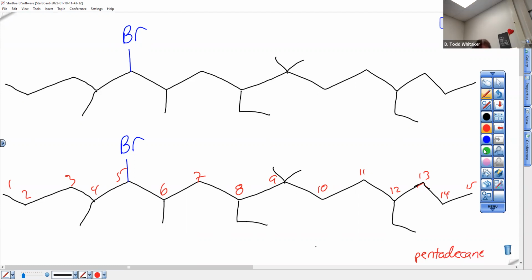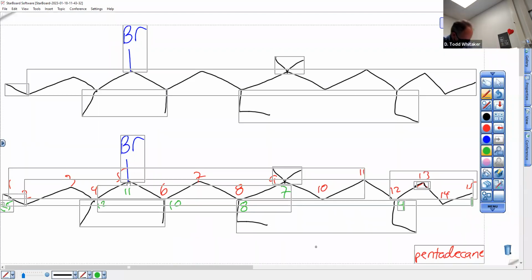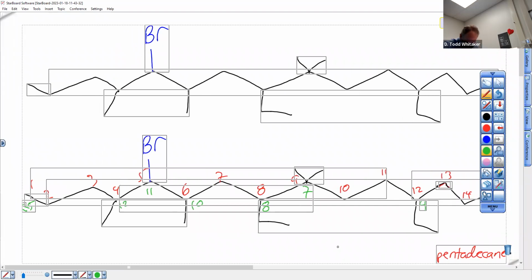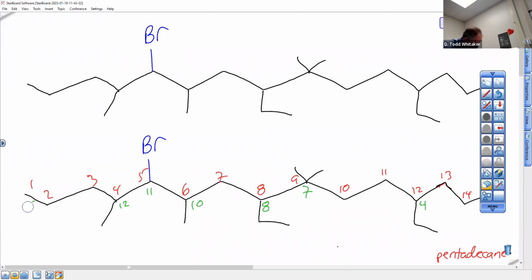But the other direction, I'll do the highlights. 1, 4, 5, 6, 7, 8, 10, 11, 12, get you to 15. Here's how you decide.